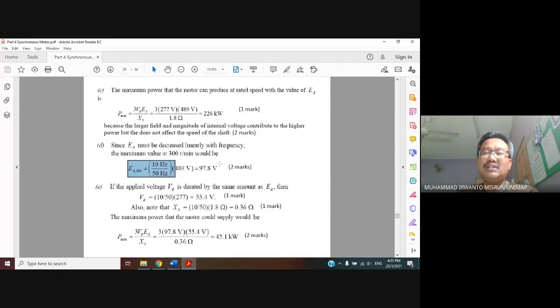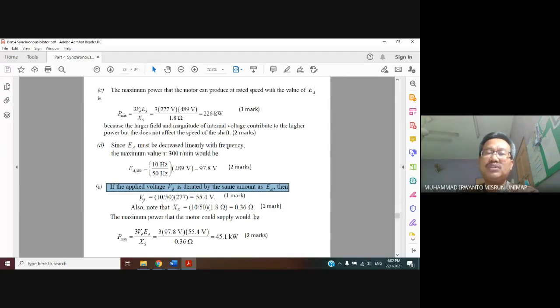So we can obtain the internal generated voltage when the synchronous motor operates at a rotor speed of 300 RPM: 97.8 volts. The same way can be applied when we want to find the value of the phase voltage.